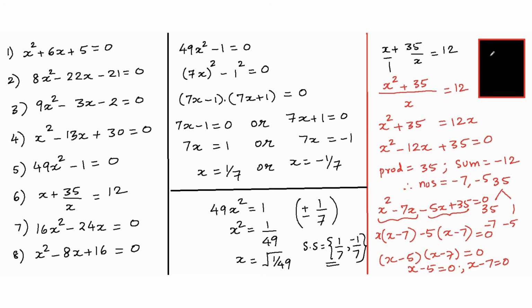So the solution set is therefore 7, 5, or you can write it as 5, 7 also, right? So this is how we solved these two quadratic equations. Again, pausing for a minute before I move on.